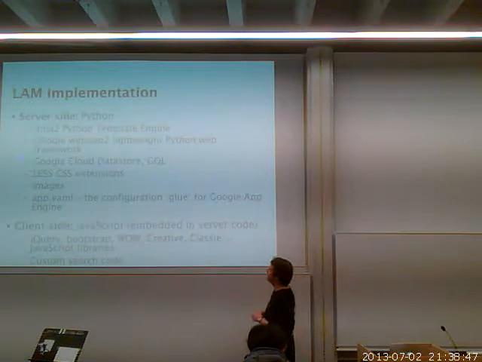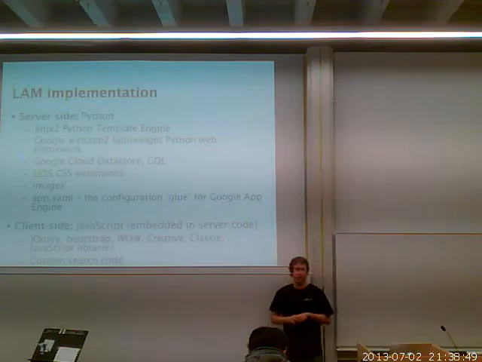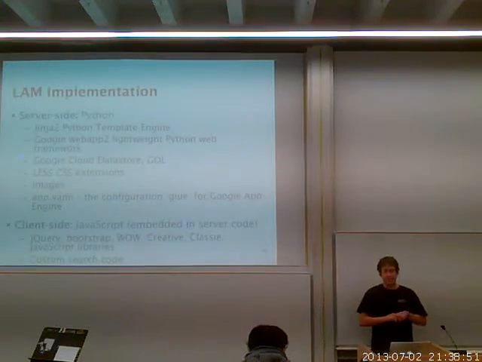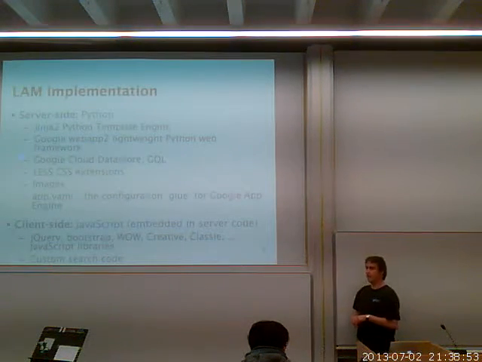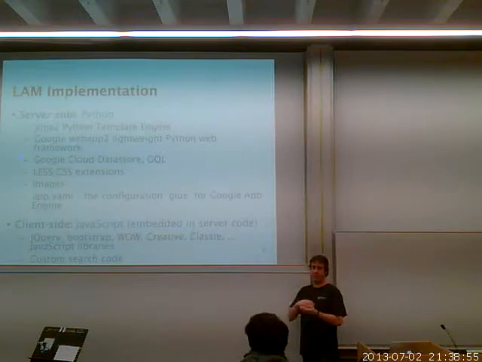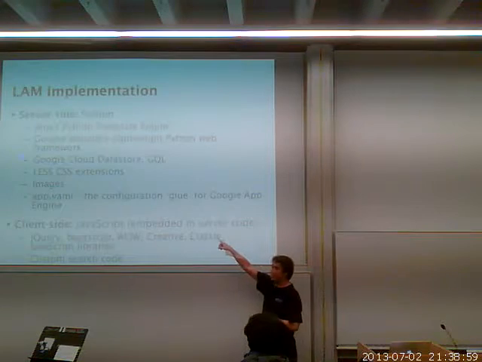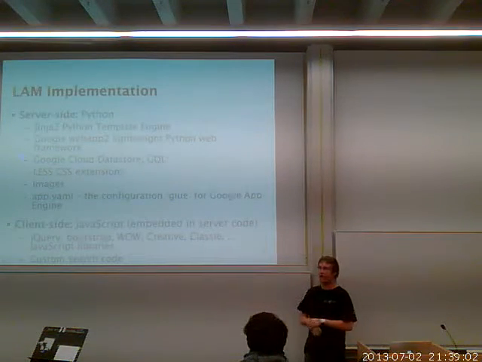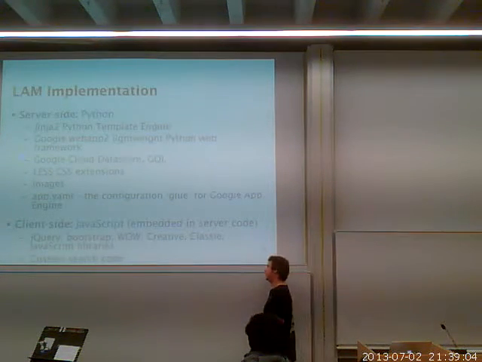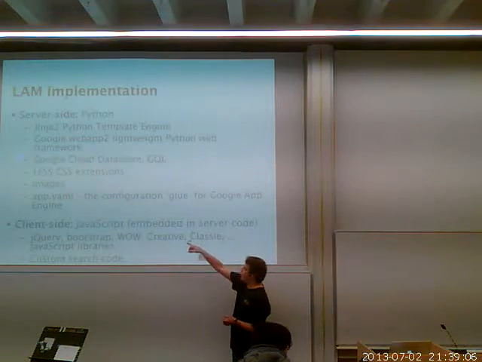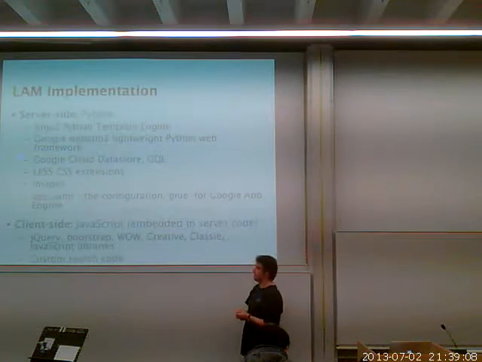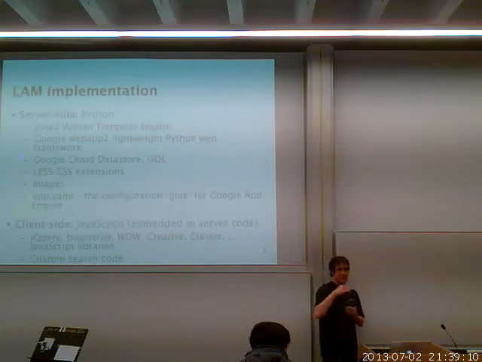It's using the Google Cloud Datastore to store all its data, with the Google Query Language used within the application to query the data. It's using some extensions to cascading style sheets for style and presentation, the LESS extension, which is a higher level set of extensions to CSS.